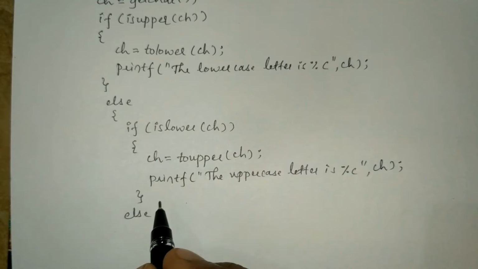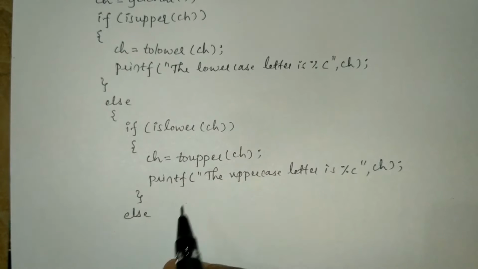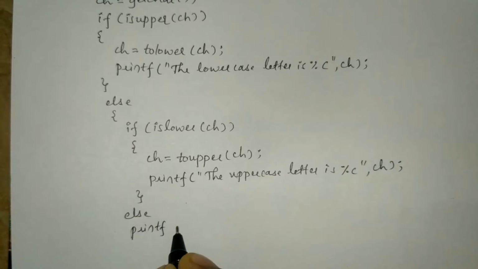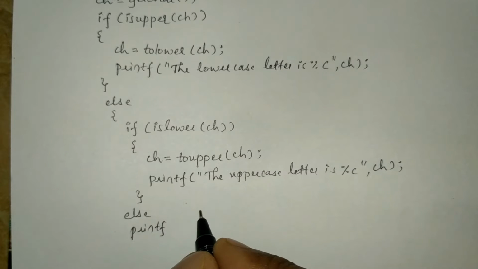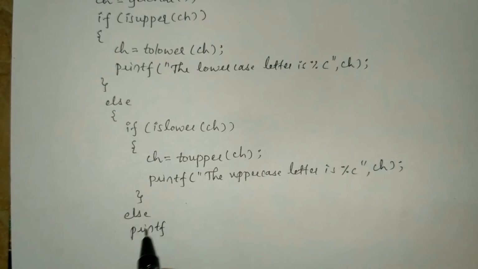If even the character entered by the user is not a lowercase letter, then we have to write a printf statement. If it is not a letter, if the user enters a digit, or if the user enters any special symbol, in that situation this else part will get executed.